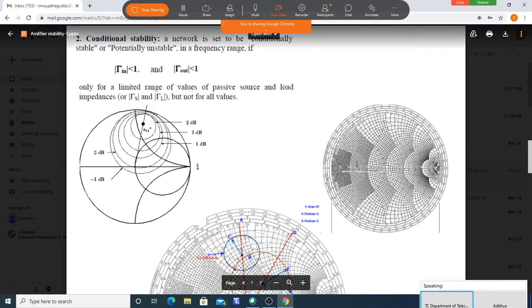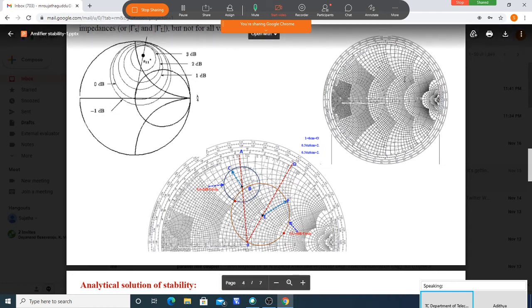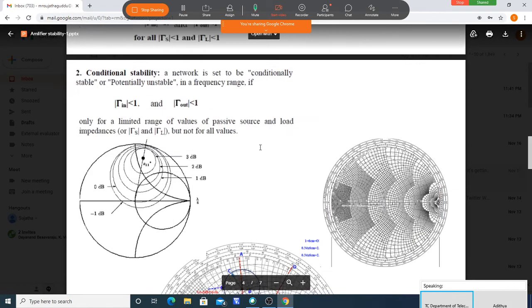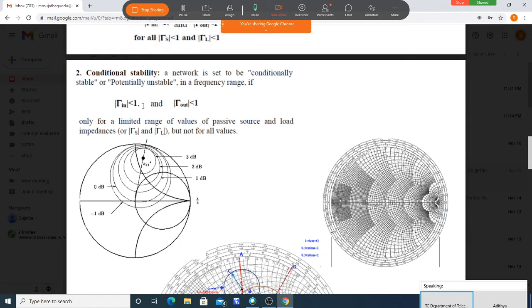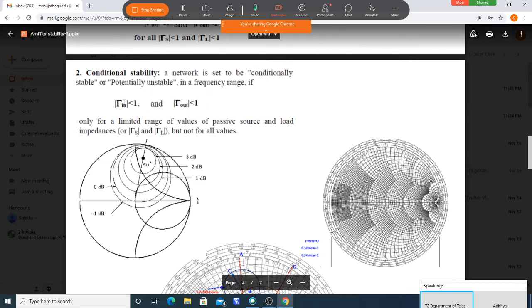If you take some values over this impedance chart, the Γin and Γout are lesser than 1. For example, if you take values over this upper part, for that particular transistor, Γin and Γout are lesser than 1. So we can test it.